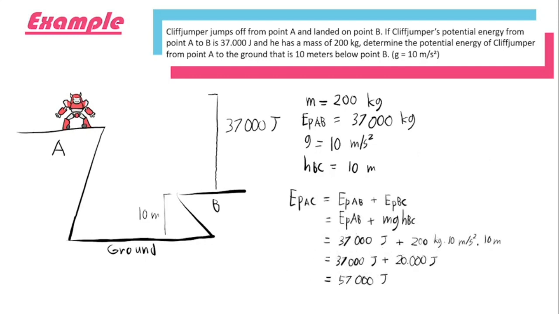You can also use this other equation. It adds the potential energy from point A to point B, which is 37,000 joules, with the potential energy from point B to point C, which will equal the potential energy from point A to point C.